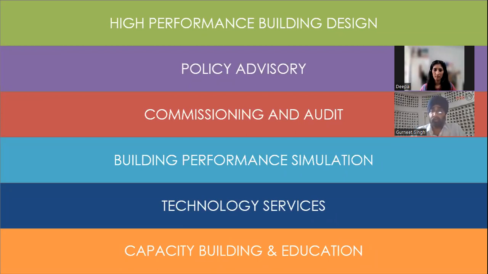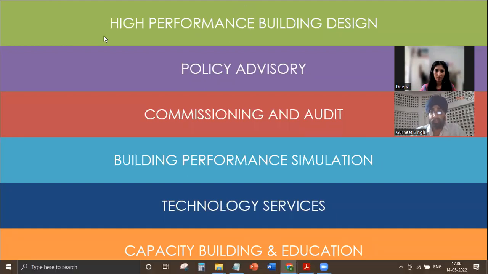The second one is policy advisory services, where we work with government agencies, multilaterals, and bilateral organizations like UNDP, USAID, CLASP, and we help them develop manuals and standards. Also in this, we provide consultancy to different organizations on the ESG front, the environment, social and governance front. That all is covered under policy advisory.